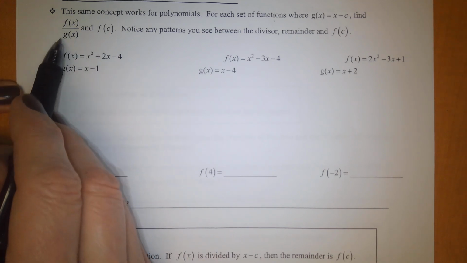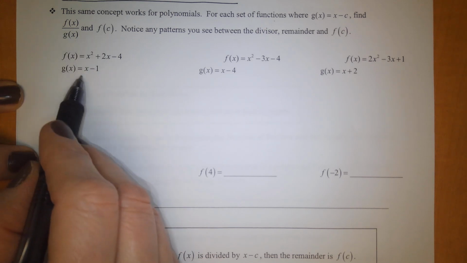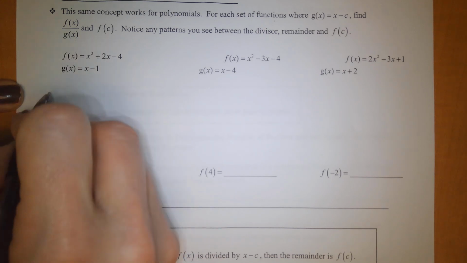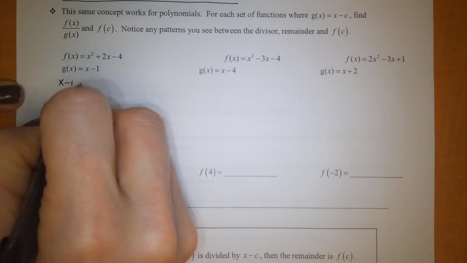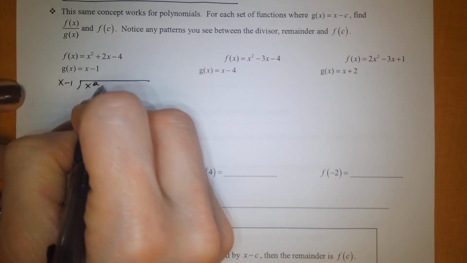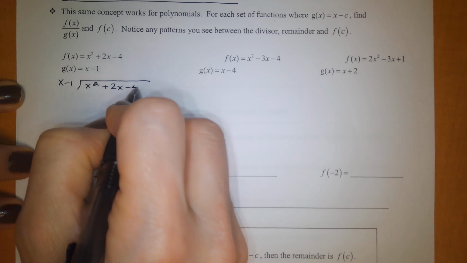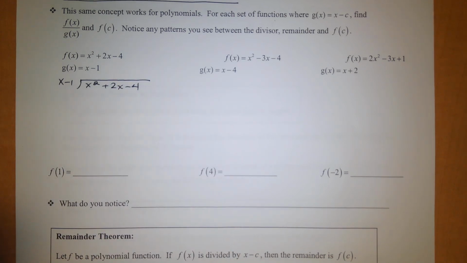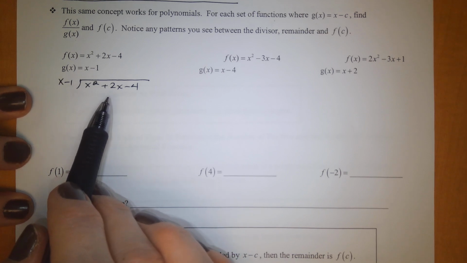So g is the divisor, so we're going to use this as the divisor on the outside. We're going to divide that into f, which is x squared plus 2x minus 4. So we're going to practice our long division. I know we did a little bit of this a section or two ago when we were finding oblique asymptotes, but we're going to get some more practice in this section.